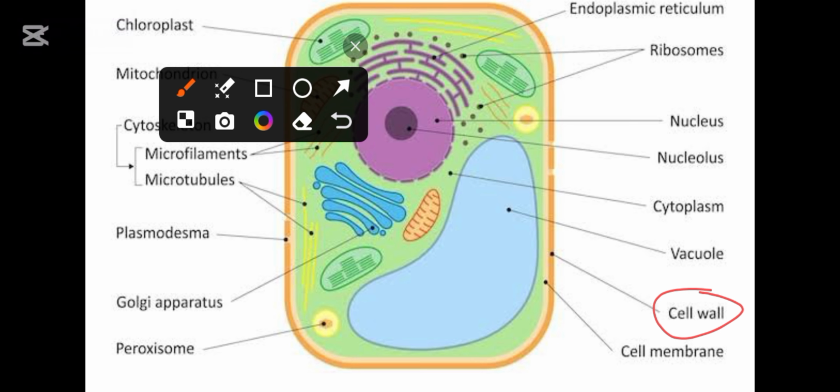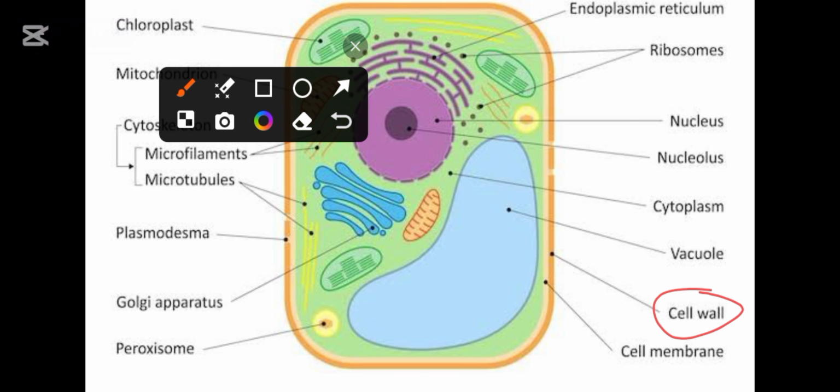Whenever there is pressure within the environment or inside the cell, the cell wall stops the cell from bursting. The cell wall is made up of cellulose.